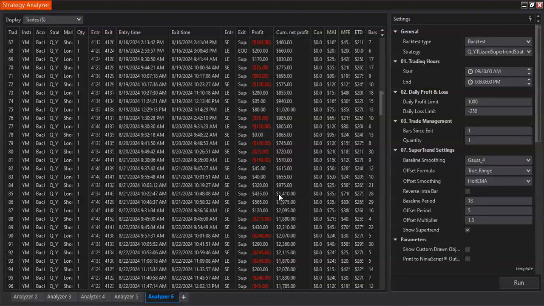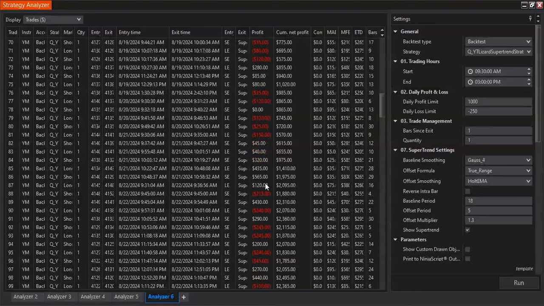Right. So yeah, that's right. It's doing exactly what it's supposed to be doing, people.